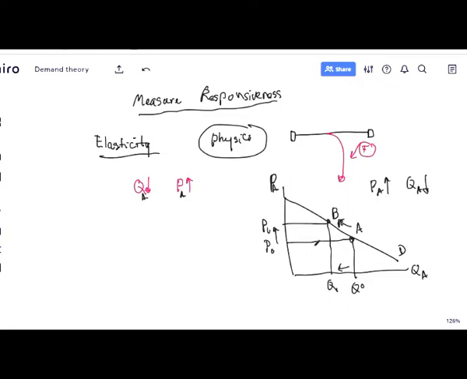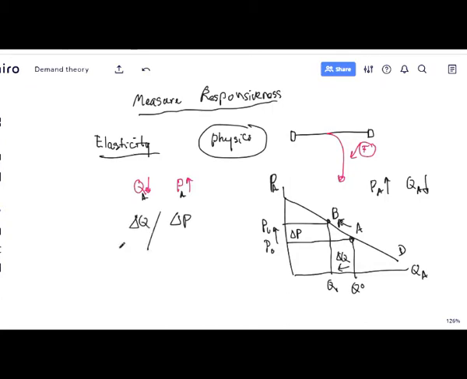Right? So if I now start looking at the measurement, I can say this is the change in quantity and this is the change in price. So I have a very simple logic of it, and we said, okay, how much has happened? There has been a change in price and there has been a change in quantity.